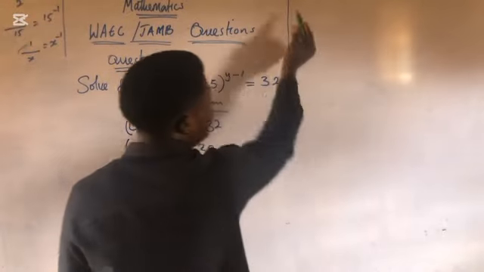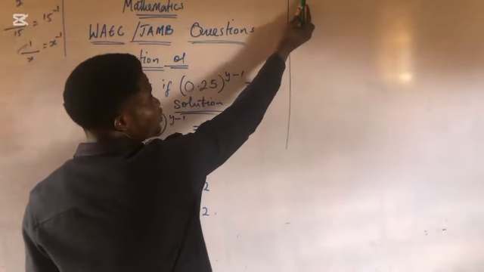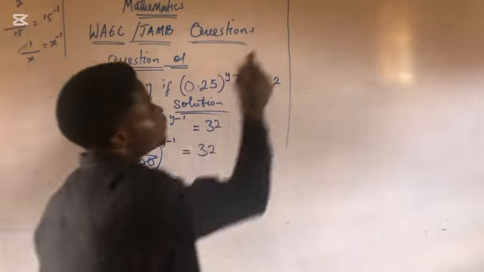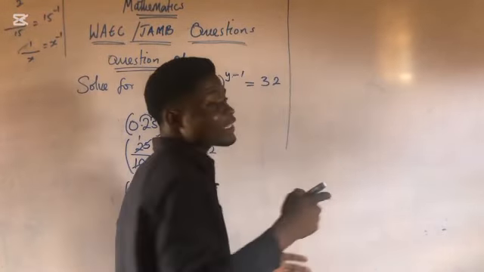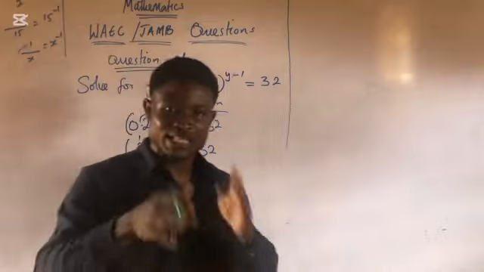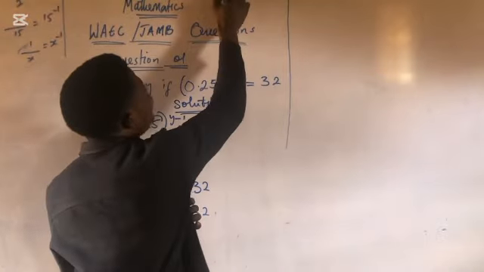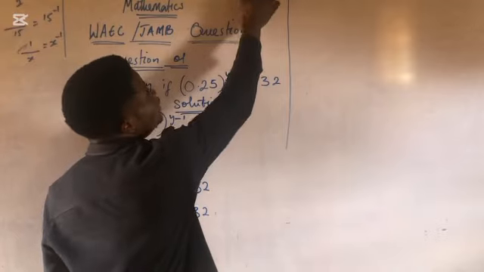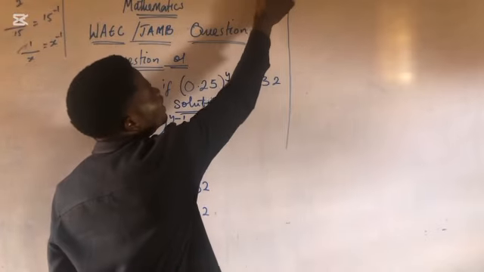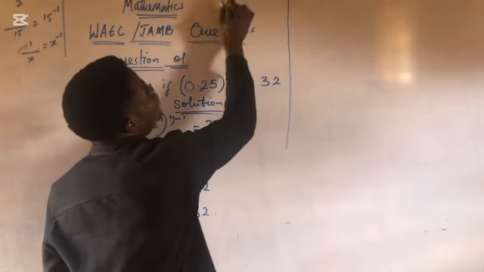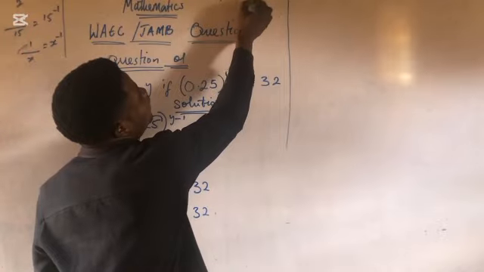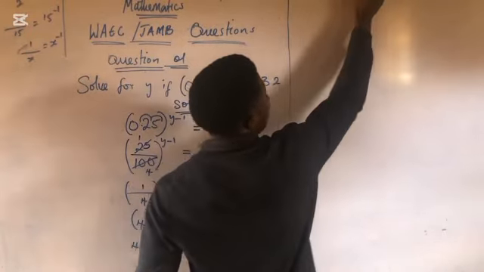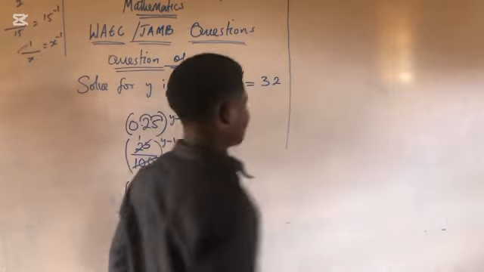How many times have we multiplied? 1, 2, 3, 4, 5 times. So 32 is 2 raised to the power 5.